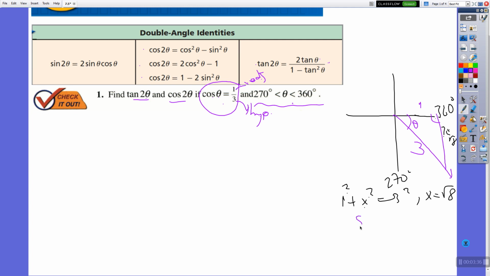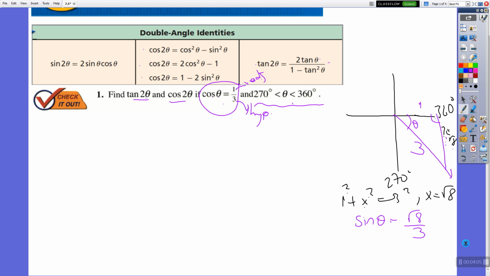So what is your sine? Sine theta is opposite over hypotenuse. Your opposite is square root of 8. Hypotenuse is 3. Wait, we didn't think about the sign here. Please be careful about the sign. We found it as square root of 8, but what about the sign? This is in the negative direction. The sign in the 4th quadrant is negative.